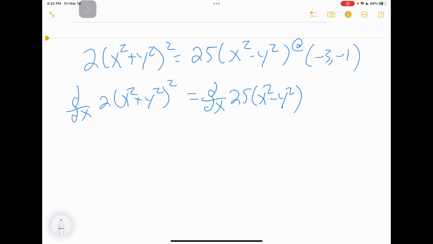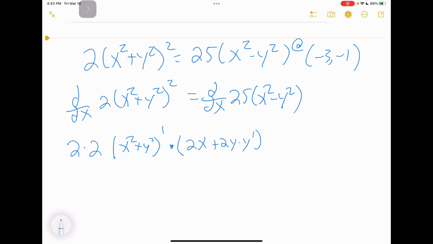So on the left side, we will have 2 times, and then this 2 from the power comes out front, so we have a chain rule situation of x squared plus y squared to the 1 power, times the derivative of what's inside, and that's 2x plus 2y times y prime.